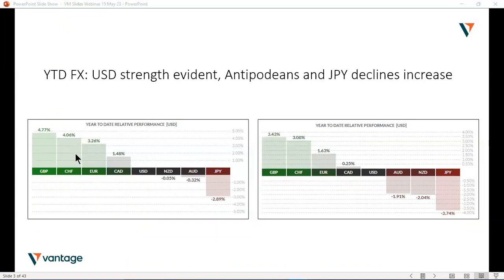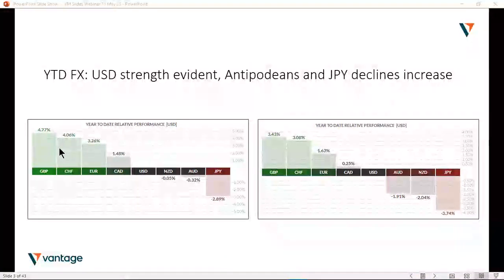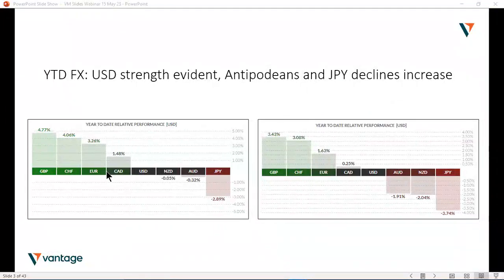You can see some of this strength, certainly sterling coming off its highs, and euro dollar coming off its highs and losing over 1% or so from last week.